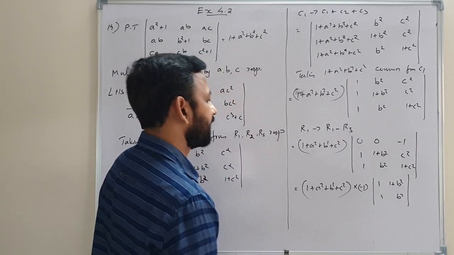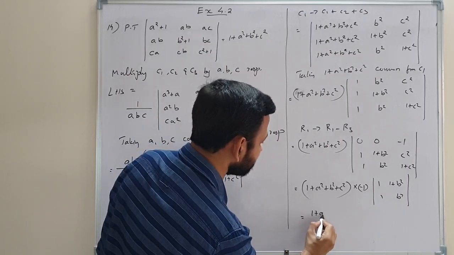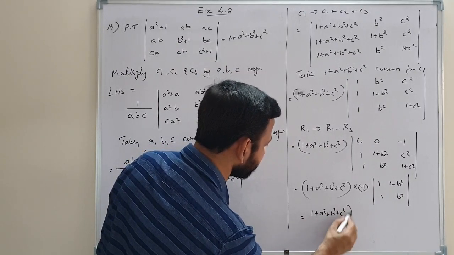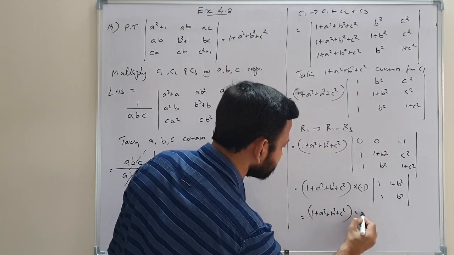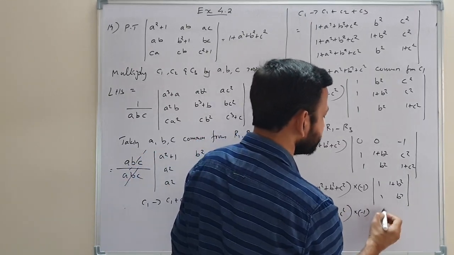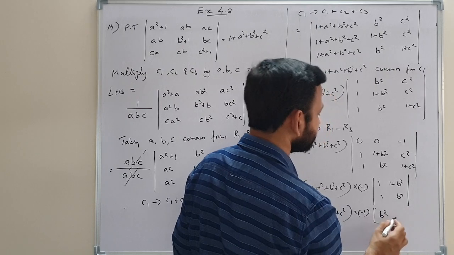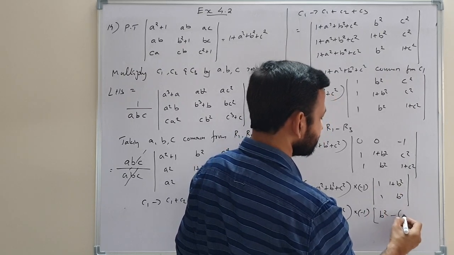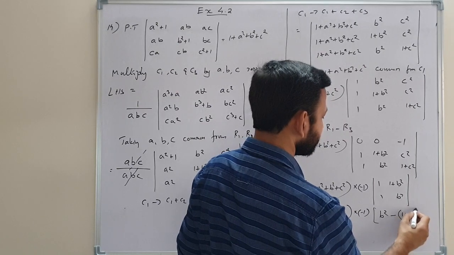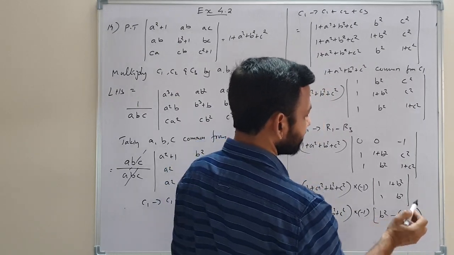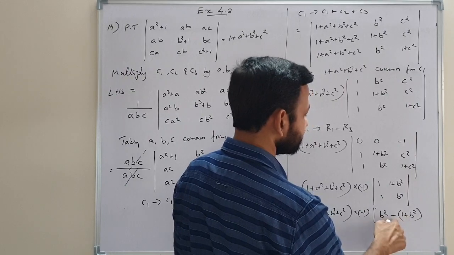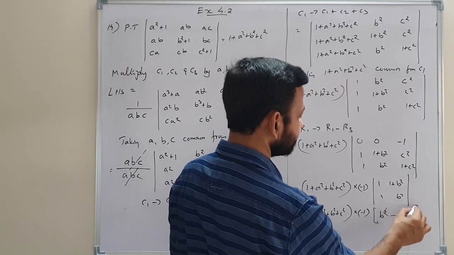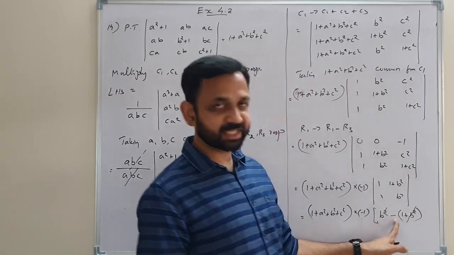Now we can expand that determinant. That is 1 plus a square plus b square plus c square into, here minus 1 is there. Then expansion, 1 into b square, that is b square, minus of 1 into 1 plus b square. So plus b square and minus b square cancelled, but minus 1 is there.